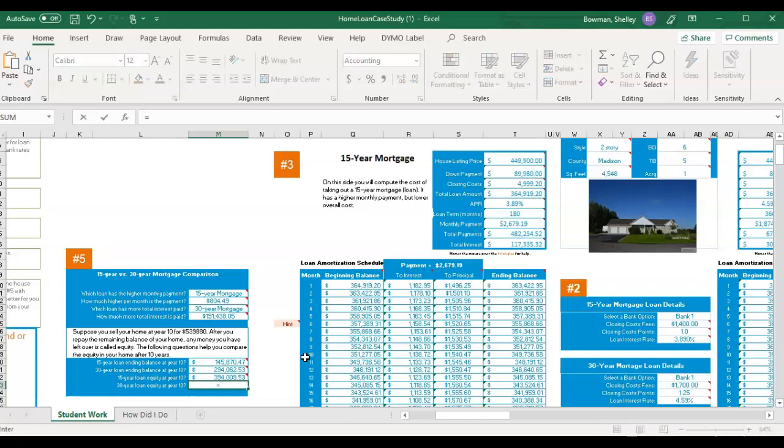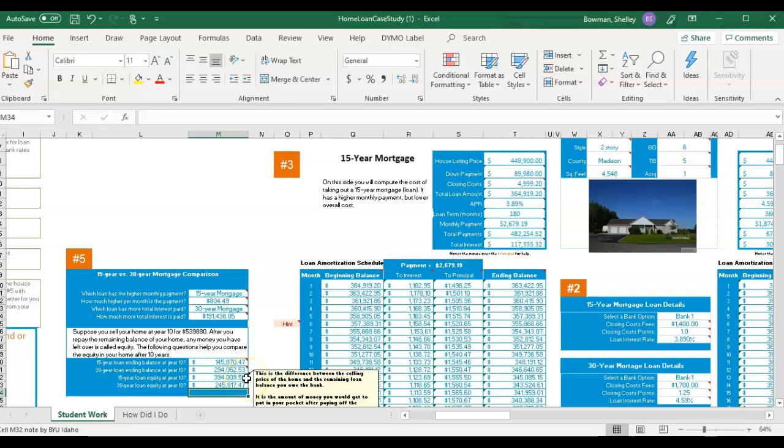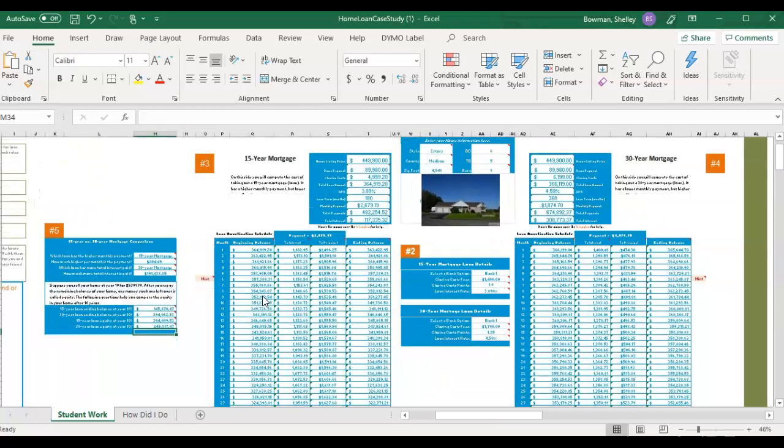And again on this one, 539,880 subtract what I owe at the end of 10 years here, and you'll see how much more equity. It's not quite double after 10 years for the 15-year loan versus the 30-year, and that tells you quite a bit about these two things.